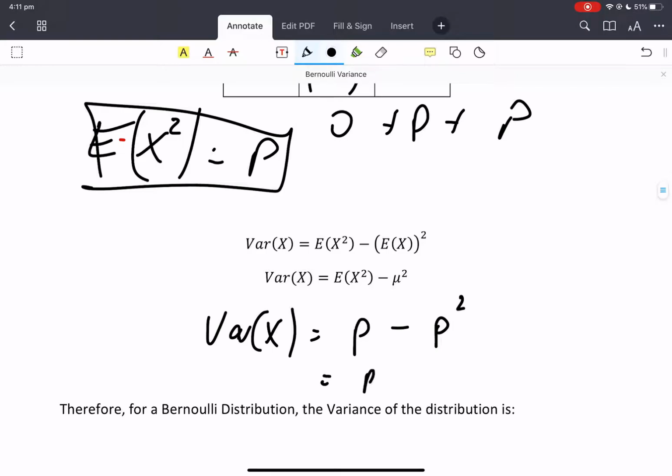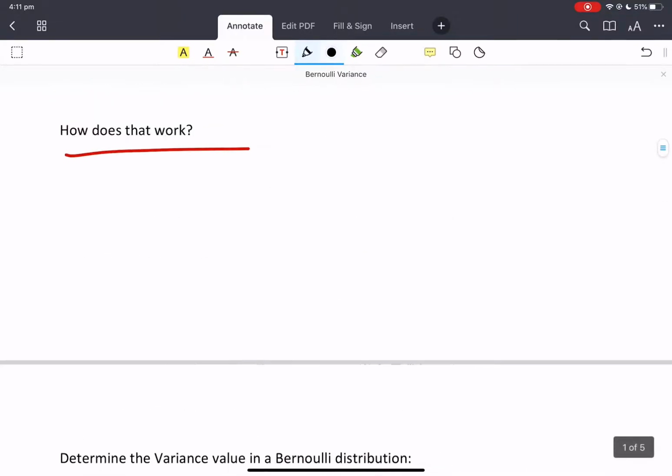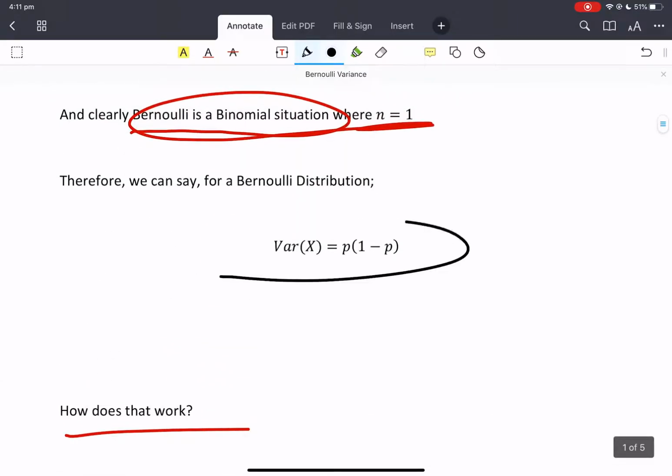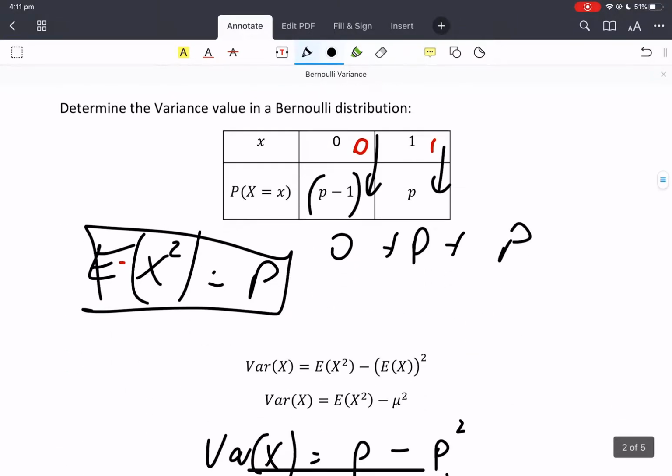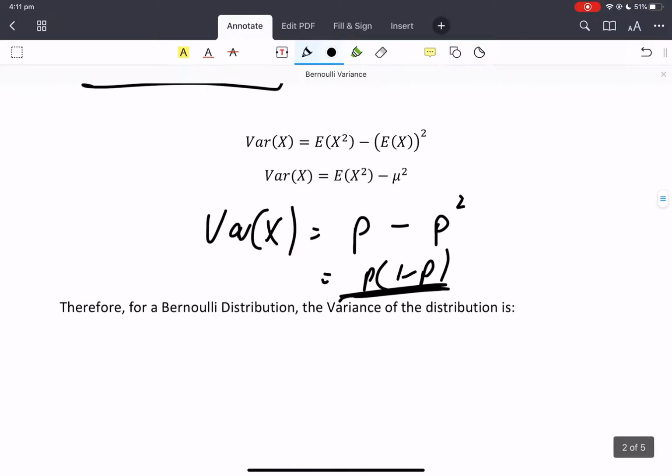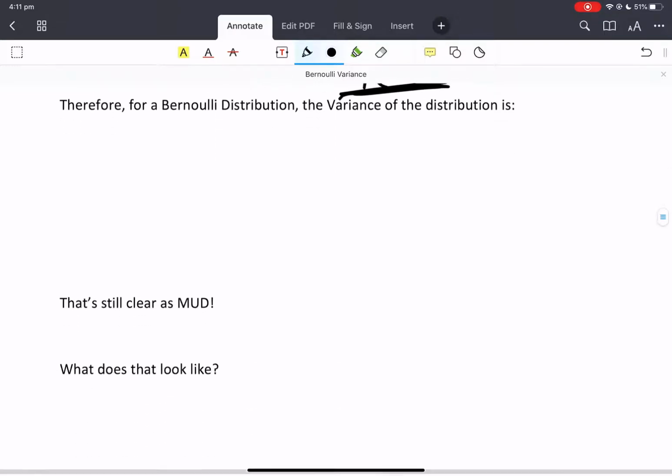Let's just factor out the p. Oh, that's a shock, because that's what we set up here. The variance of x in a Bernoulli distribution is p multiplied by (1 minus p). So, there you go. That's evidence that it works.